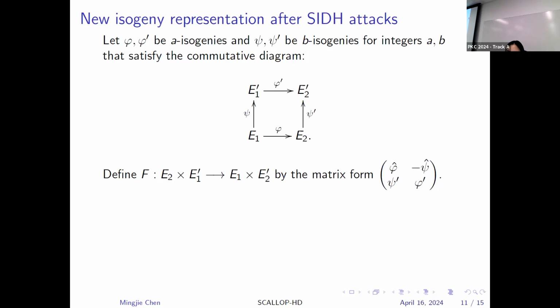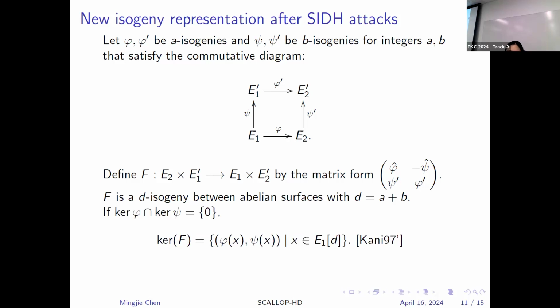If we define F from E2 times E1 prime to E1 times E2 prime by this matrix form, then F is a degree D isogeny between abelian surfaces with D equal to A plus B. If we further require that the kernels of phi and psi intersect trivially, then the kernel of F is given by the evaluation of phi and psi on the D-torsion of E1.